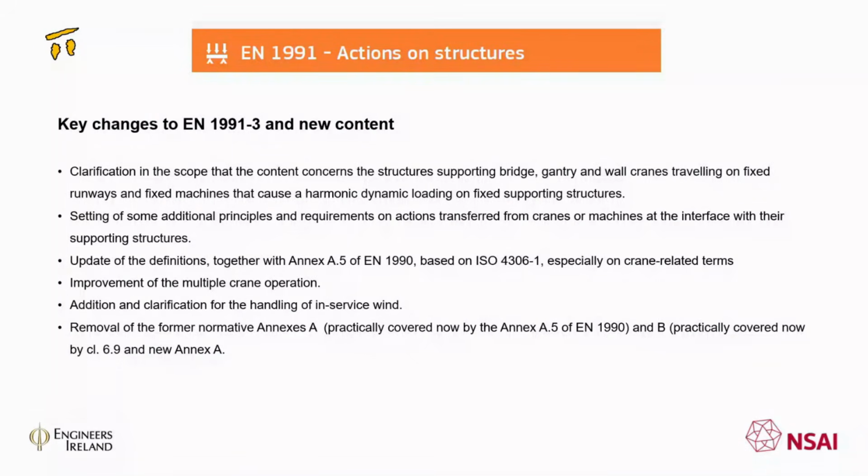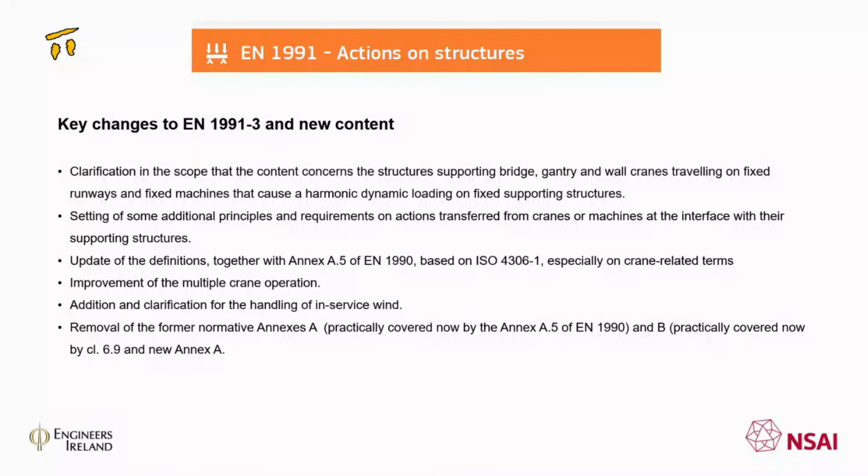There's an update of the definitions. It relates to Annex A5 of EN 1990. Treatment of in-service wind has been added and clarified, and some former normative annexes have been reduced because they've been put elsewhere in the document and so on.